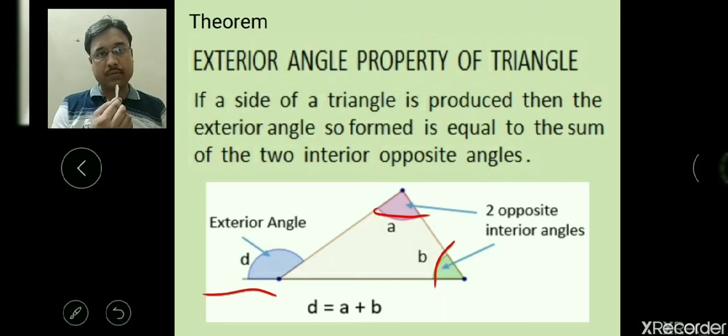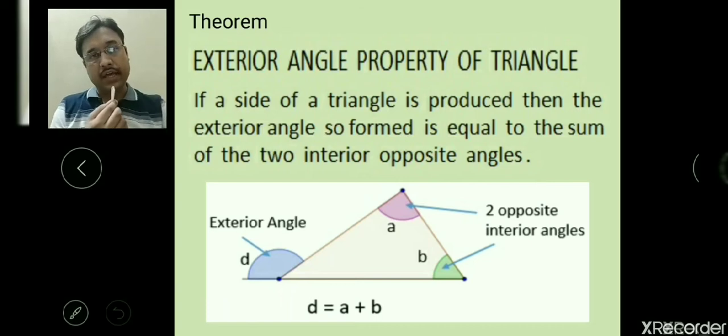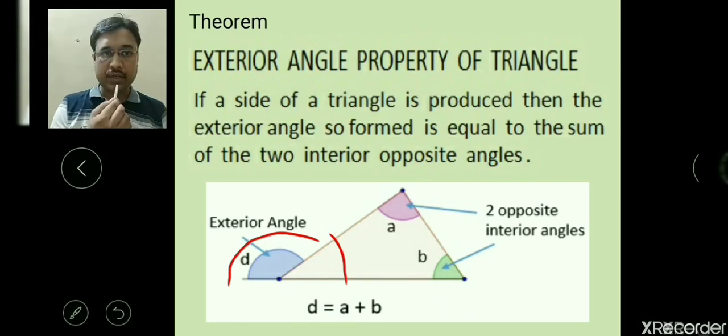In this diagram you can see angle A and angle B are the interior opposite angles, and angle D is the exterior angle. The angle which is in touch with the exterior angle is the adjacent angle, and the other two angles, angle A and angle B, are the opposite interior angles.